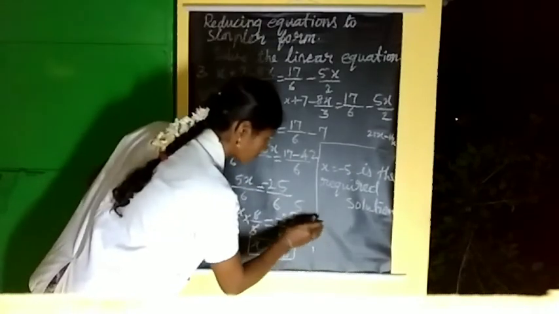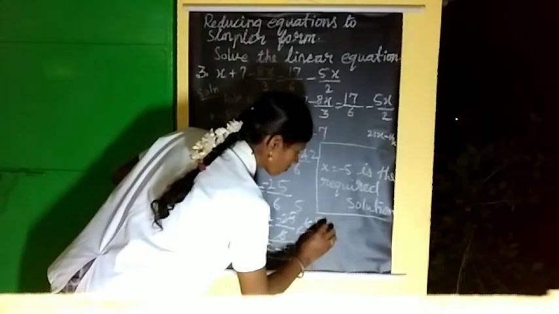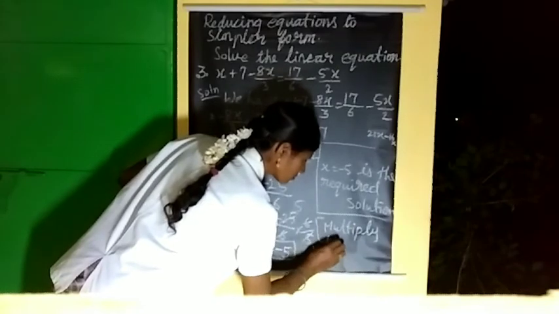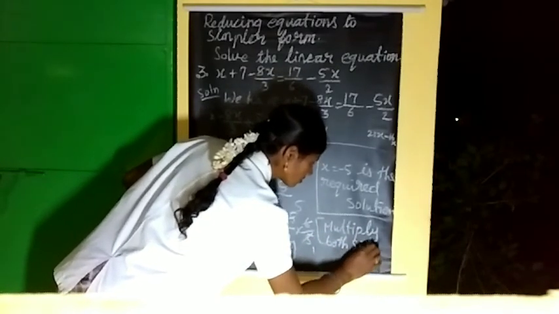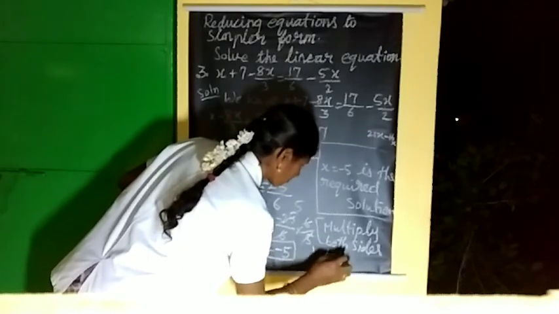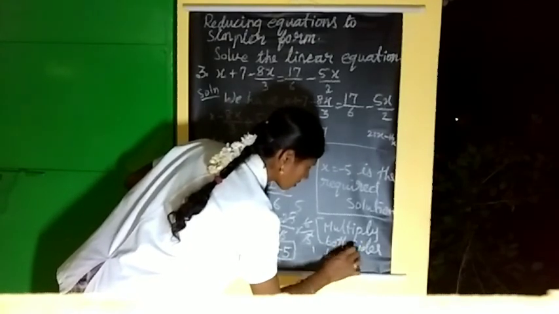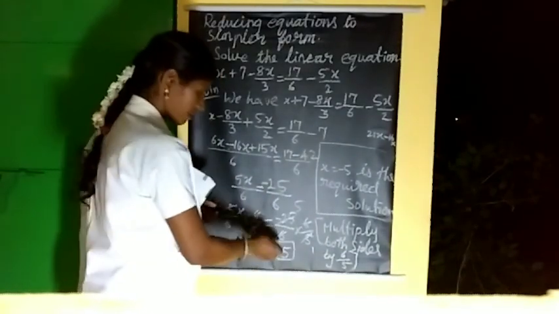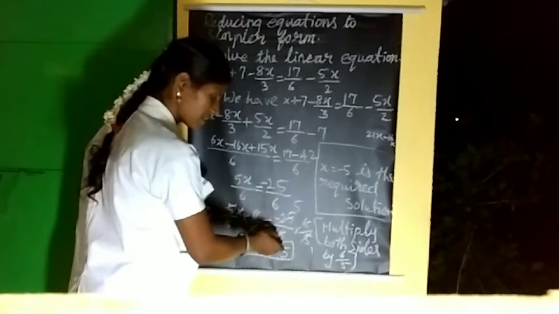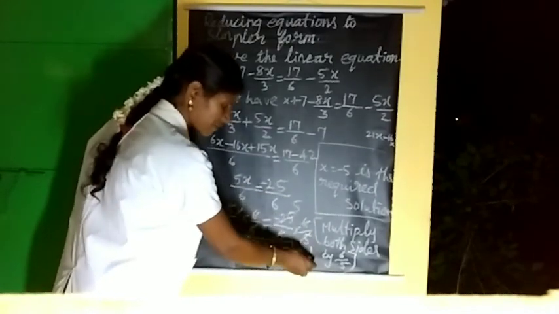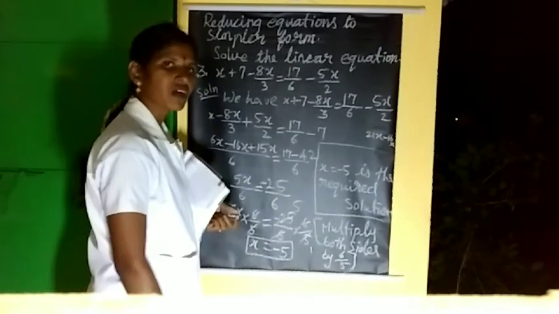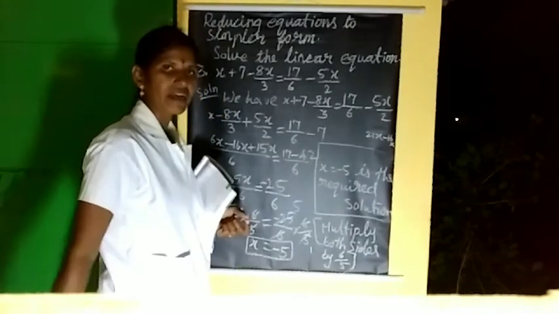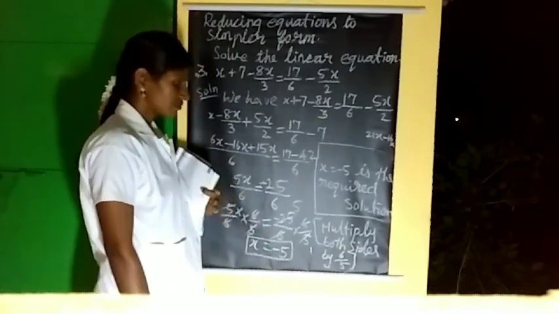I didn't write that step here. Then only we are getting the x value. x is equal to minus 5. Simplify this very carefully. In the numerator and denominator, we cancel 6, and 1 5 is 5, 5 5s are 25. So the minus sign is there. So x is equal to minus 5. Understand? Thank you, students.